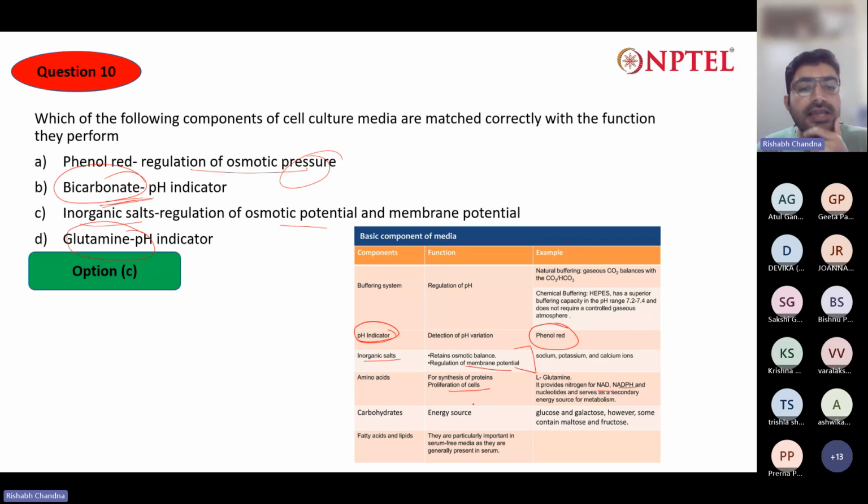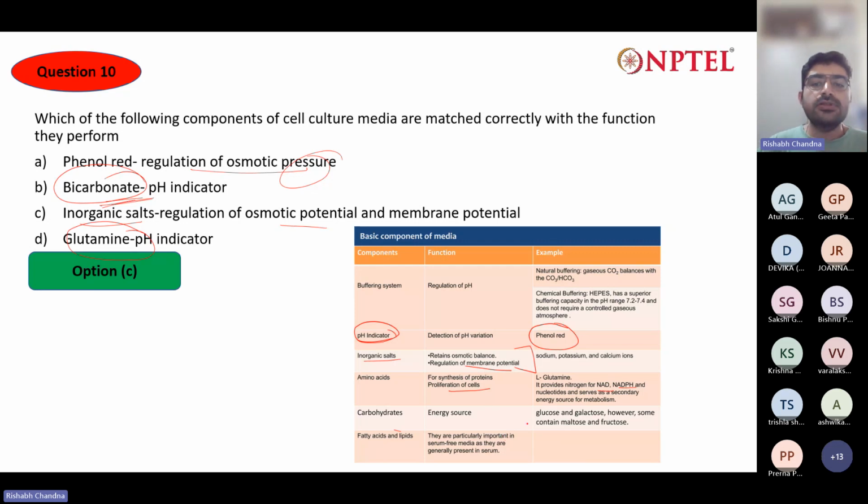Carbohydrates are the main energy source that we discussed just now. Glucose and galactose are generally used, and in some cases, maltose and fructose are also used. And lastly, we require fatty acids and lipids. They are particularly important in serum-free media that we'll be discussing next week.